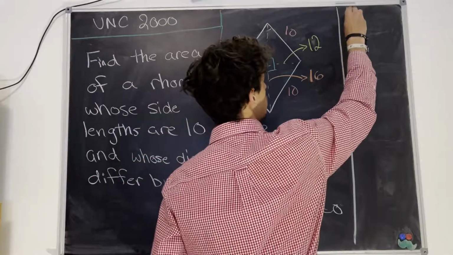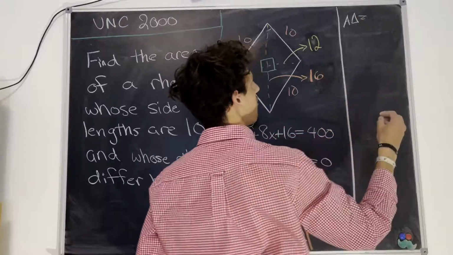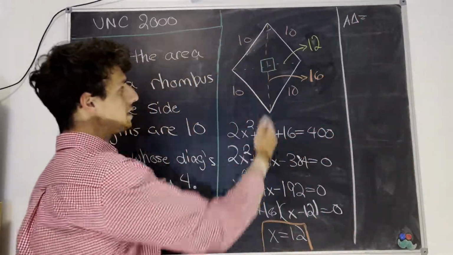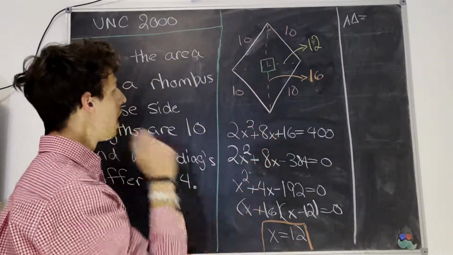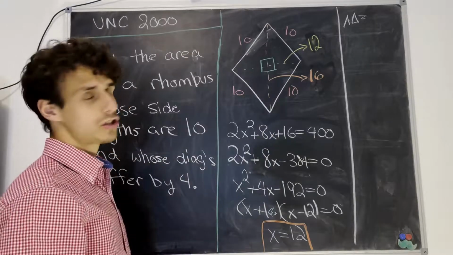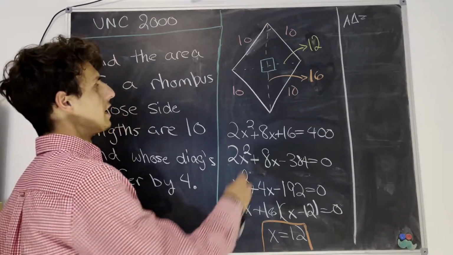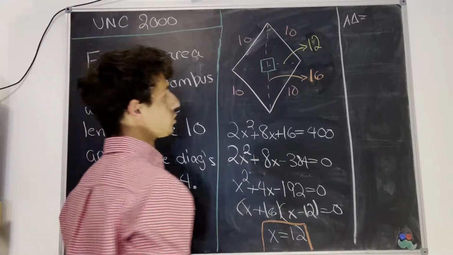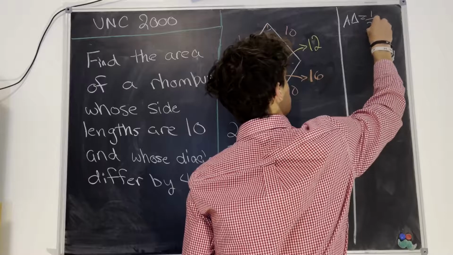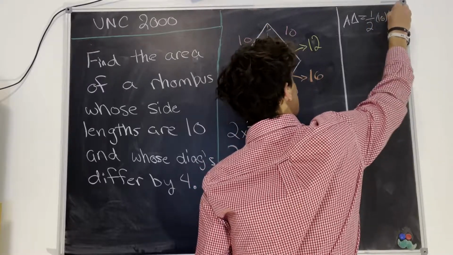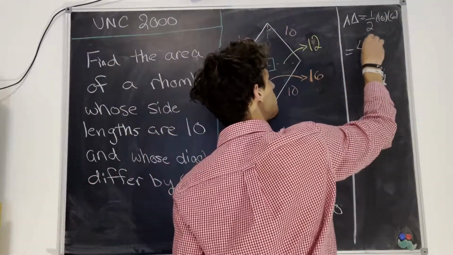So the area of one triangle is 1/2 base times height, but the base is the entire length of the orange long diagonal, and the height is half of this yellow short diagonal 12, so that's 1/2 times 16 times 6. But that's going to be 48.